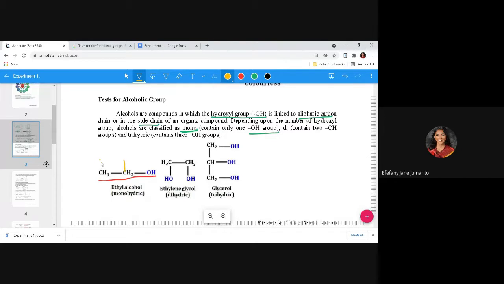Hydroxyl. Parent chain. Bute, ma'am. How many carbons in the parent chain? Four. Okay, let's count. Oh, two. Parent chain, eth. And then what about our functional group?